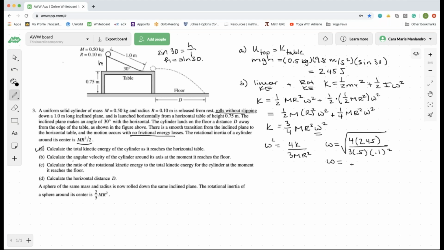When we put everything in, we got 25.6, and then we have to be real careful. This is radians per second. That's a super difficult problem, really hard.